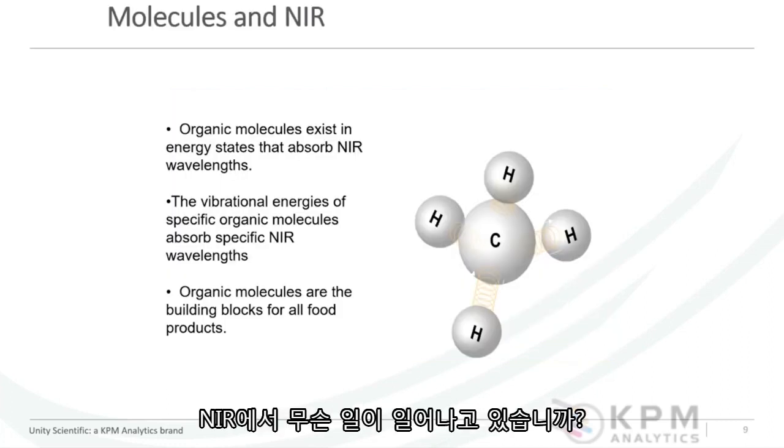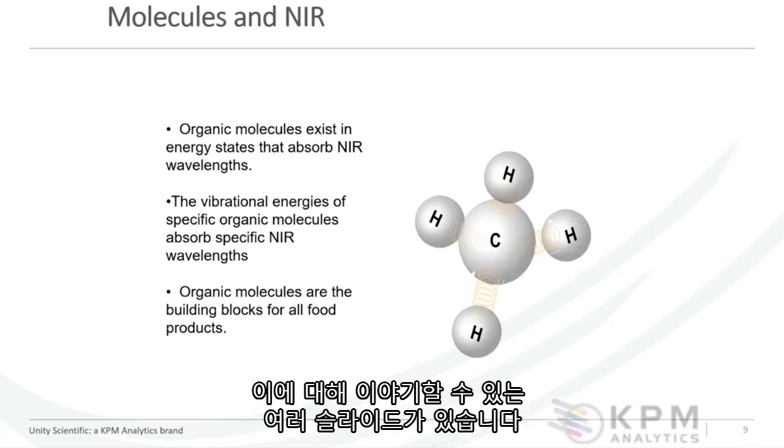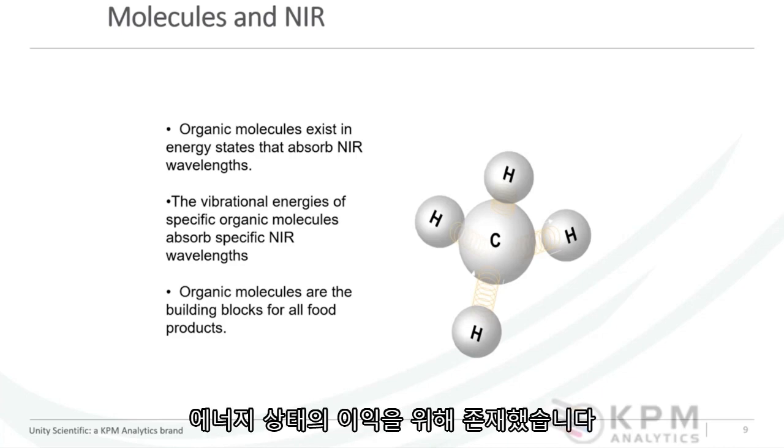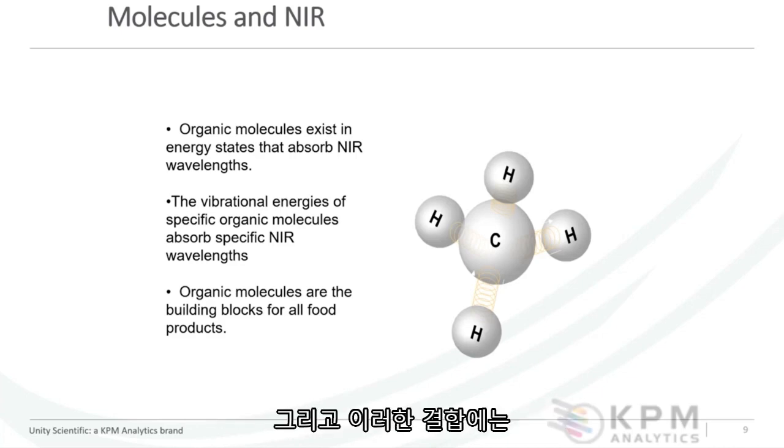So what's happening with the near-infrared spectrum? We've got several different slides to talk about this, but organic molecules exist in various energy states, including the bonds. These bonds have certain vibrational energies. Based on the energies and resonant frequencies of these bonds, they can absorb specific NIR wavelengths.